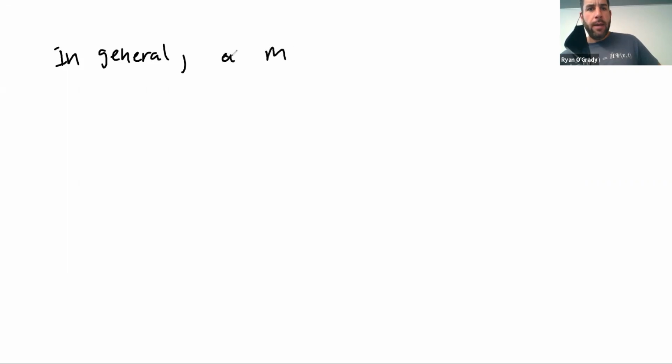All right, what does a matrix in general look like? Well, this is going to scare you. In general, an m by n matrix looks like, here we go, we'll call it M for matrix.